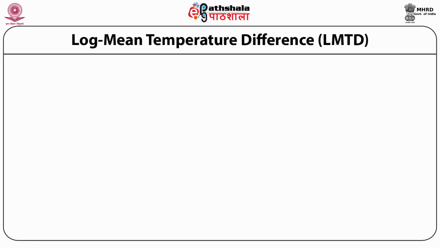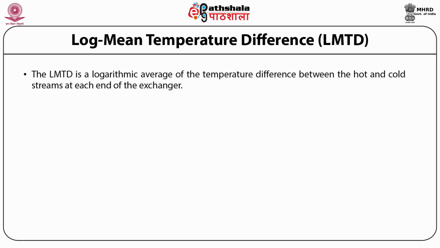Let us discuss the mathematical expression for log mean temperature difference, LMTD. Log mean temperature difference is the logarithmic average of the temperature difference between the hot and the cold streams at each end of the exchanger. The larger the LMTD, the more heat is transferred. This is very important.